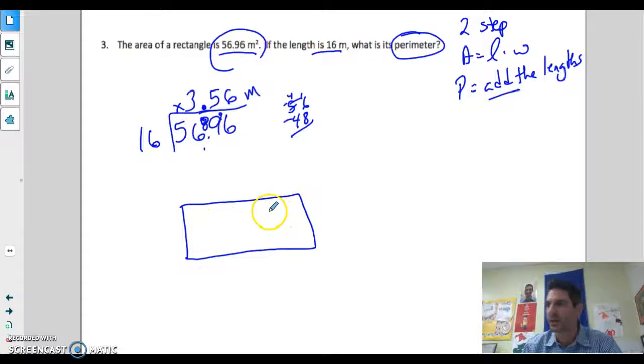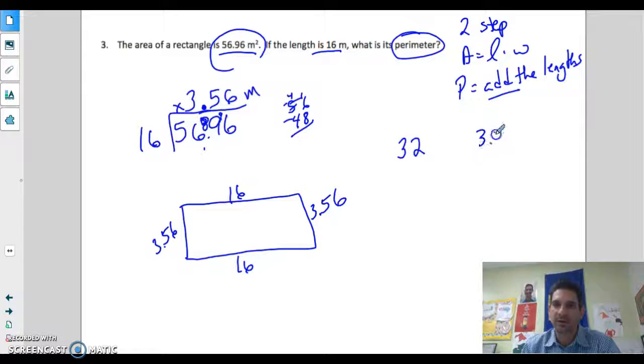So now to find the perimeter, you think about it, you could say this is the 16, and then this is 3.56, 3.56. You can do this a couple of ways. You can multiply these two, and then add them, or you just can add them all together. Well, I know 16 times 2 is 32.